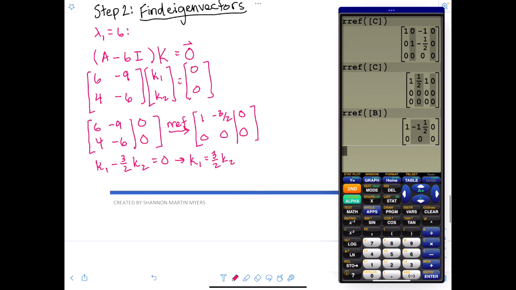But I certainly can get my capital K vector. So we can let K2 be equal to, whatever you want it to be. Why don't we let it be equal to 2? So then K1 will equal 3. So our K vector will be 3, 2.